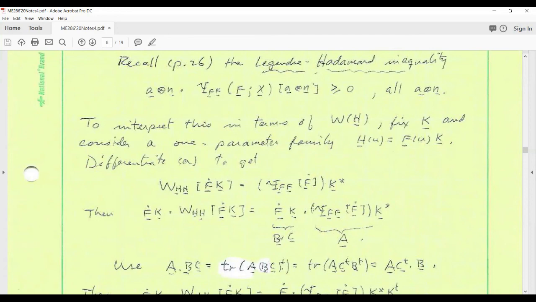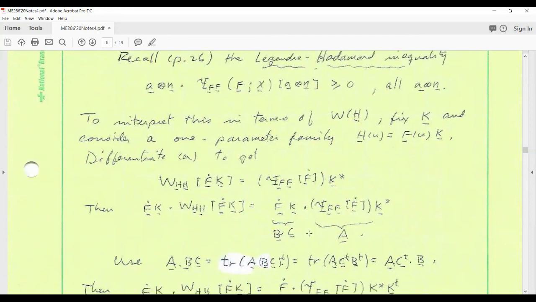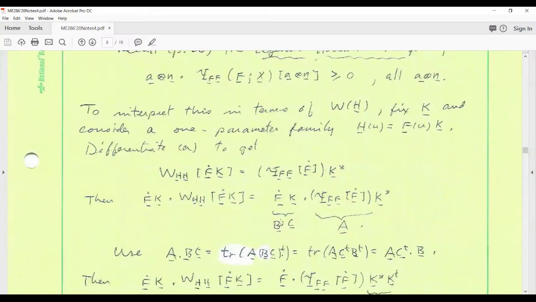We do that here. We have the K star. So the structure of this is two tensors, B C, inner product, a third tensor, A. After all this operation here, however complicated it is, we have a fourth order tensor operating on a second order tensor, the F dot. That gives you a second order tensor.